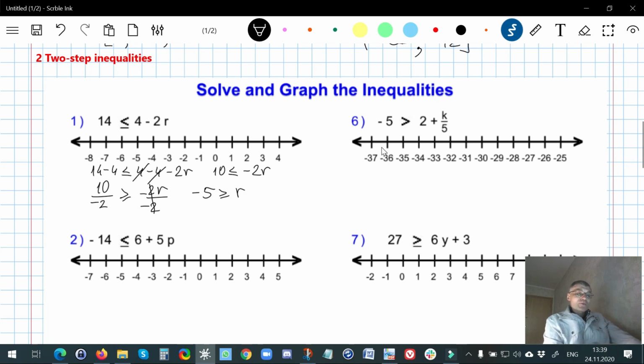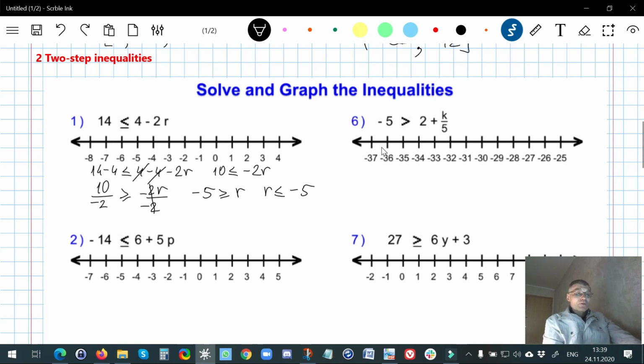So it's a good idea to rewrite it like that. r is less than or equal to negative 5. Here I didn't change the sign, I just changed the sides, so to speak, and in this case, where that pointed thing shows it's to r, it should be left like that.